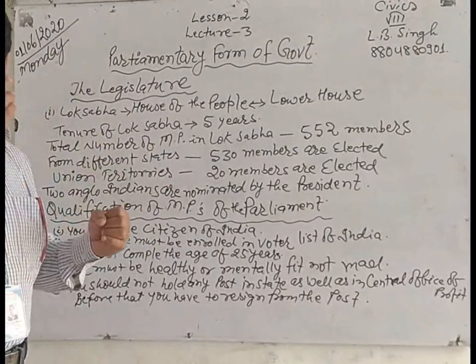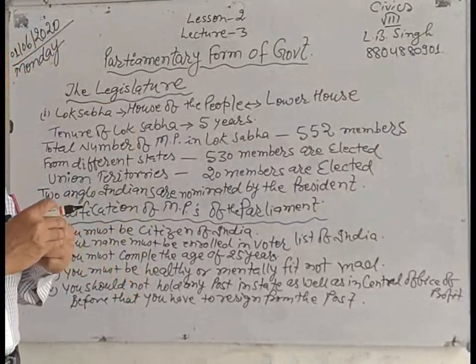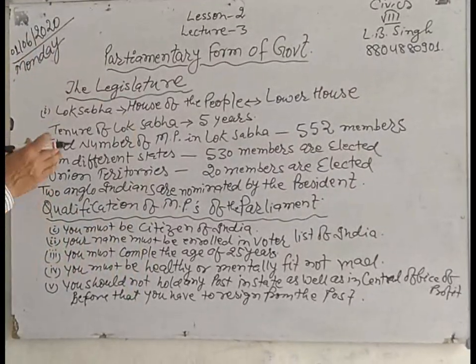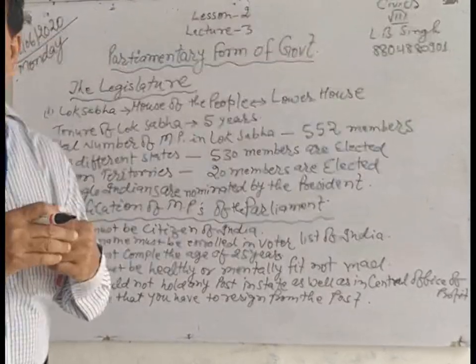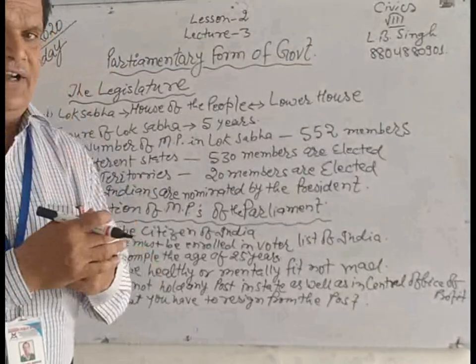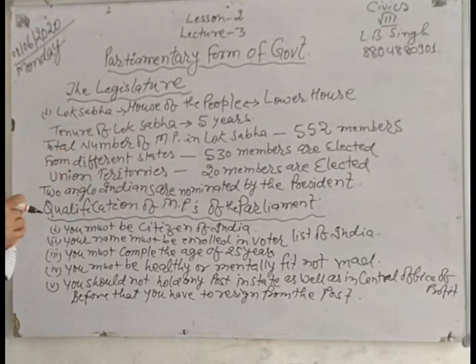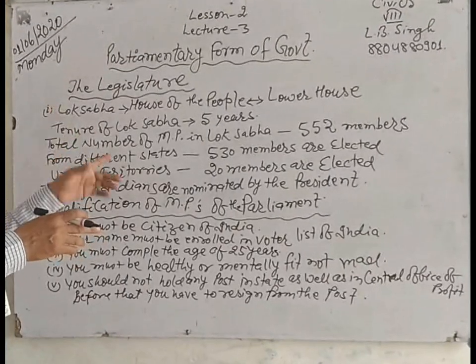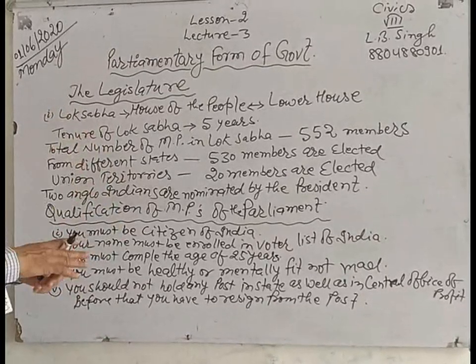They cannot put their majority in the house. In that situation, that house, that means parliament, will be dissolved by the President of India. So these are the important knowledge regarding the Parliament of India, means lower house.